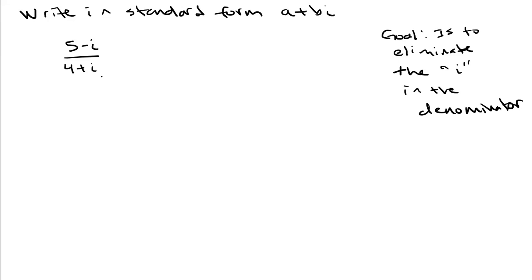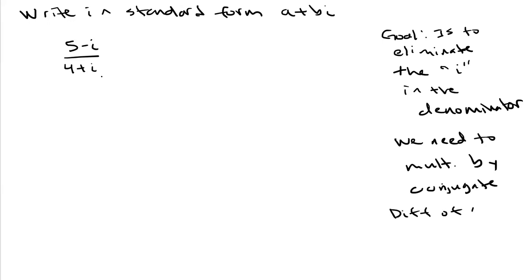And in order to do that, we need to multiply by the conjugate. The conjugate comes from the difference of squares. So that's our goal. We need to multiply by that.